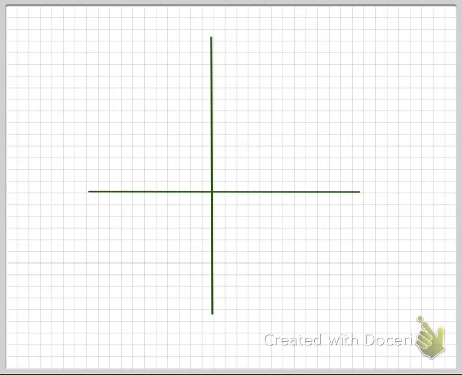I'll rewrite it, much nicer and much neater. If I want to show you a specific point on here, we'll say this point right there, how do I show it to you? What am I going to use to illustrate that point?